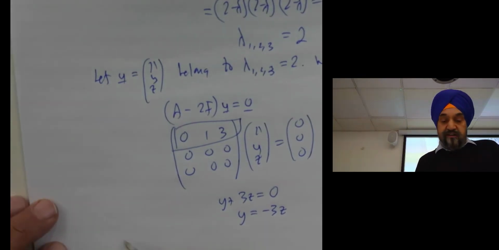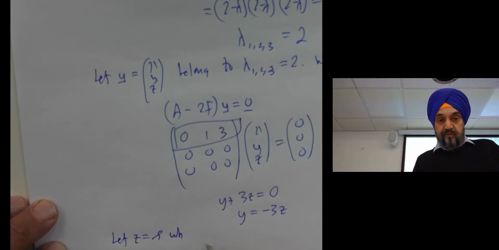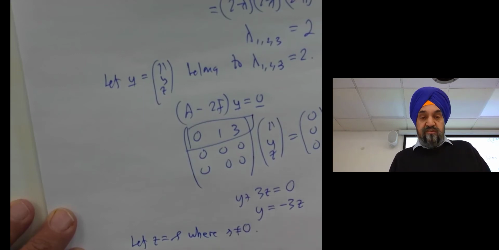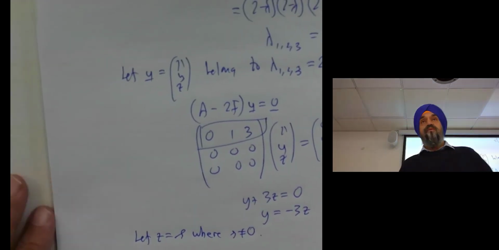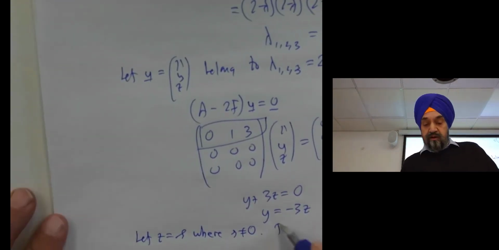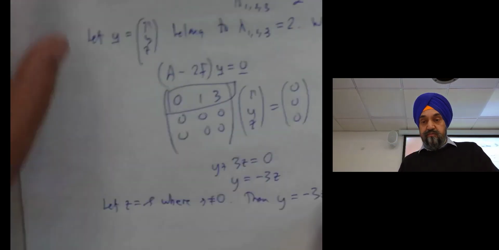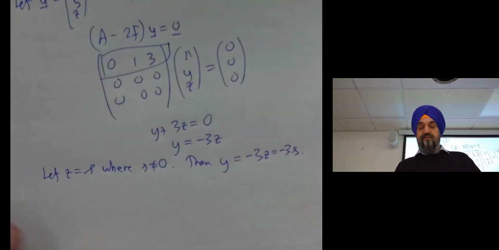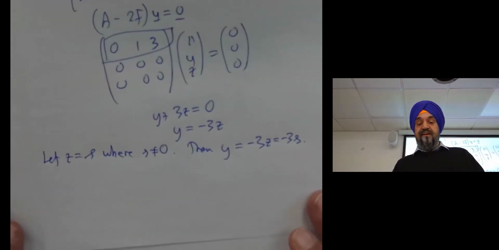Let z equal s, where s is not 0. Then y is minus 3s. What about x? What can x be?